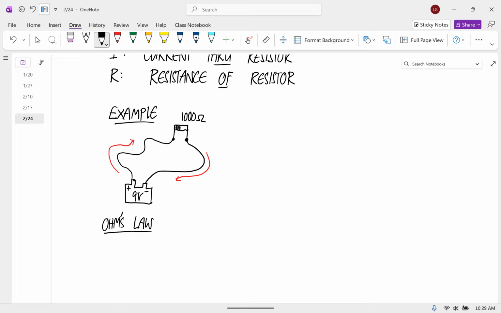So we want to figure out the electric potential at this side of the resistor compared to the electric potential of this side. We have the resistance of the resistor, and what we're going to calculate is the current going through this resistor.